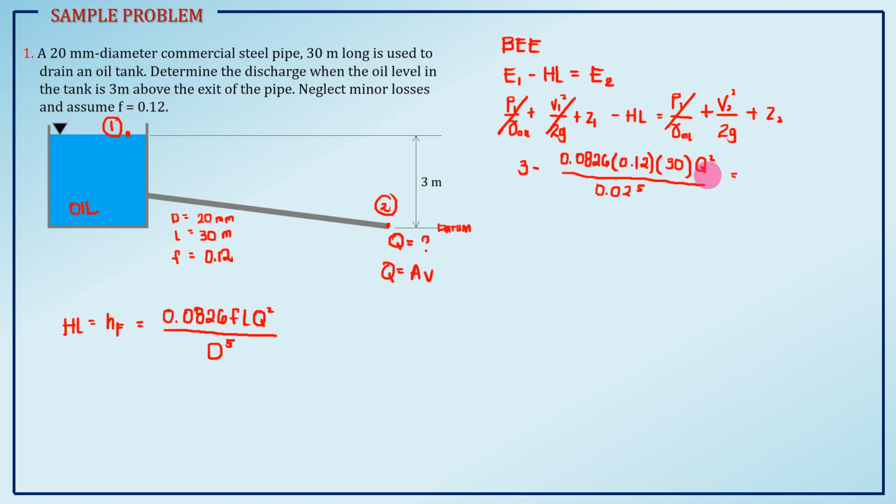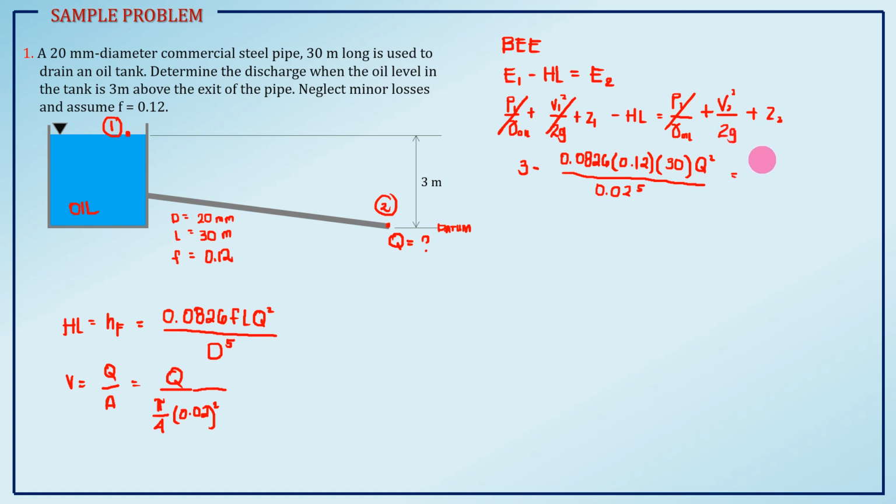So let's rewrite the equation: V is equal to Q over A. What is your A? A is the cross-sectional area of your pipe, pi over 4 times D, which is 0.02, squared.